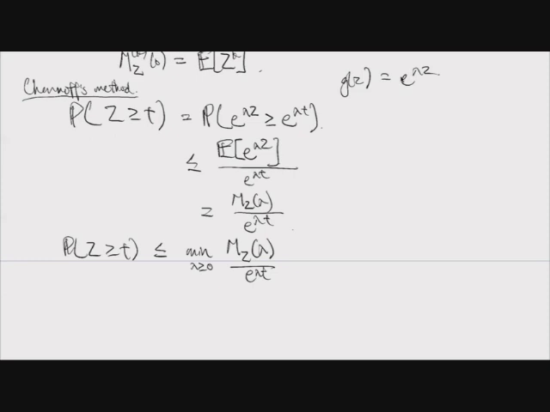And then now we just have to optimize in terms of lambda, and this lambda over here is sort of equivalent to the choice of the power when we want to use moment-based methods. But the benefit of using the MGF and this lambda parameter is that we can use calculus. We can use calculus to choose the optimal lambda.